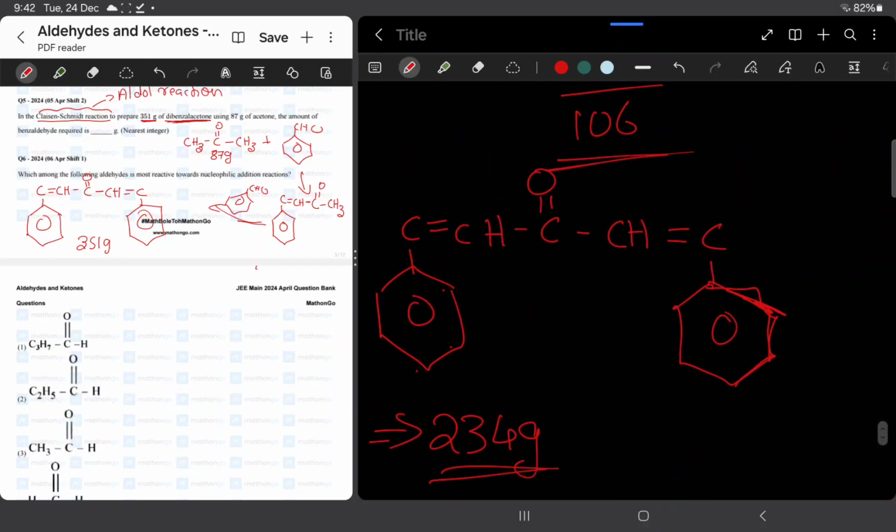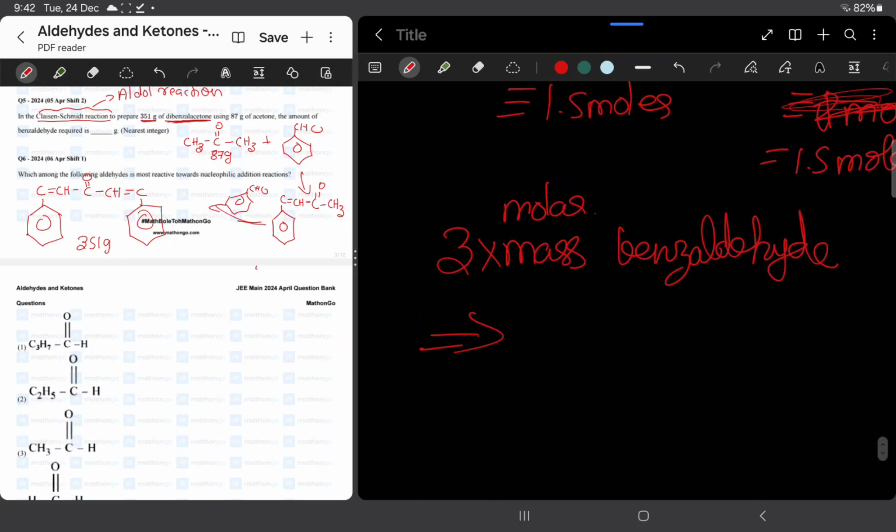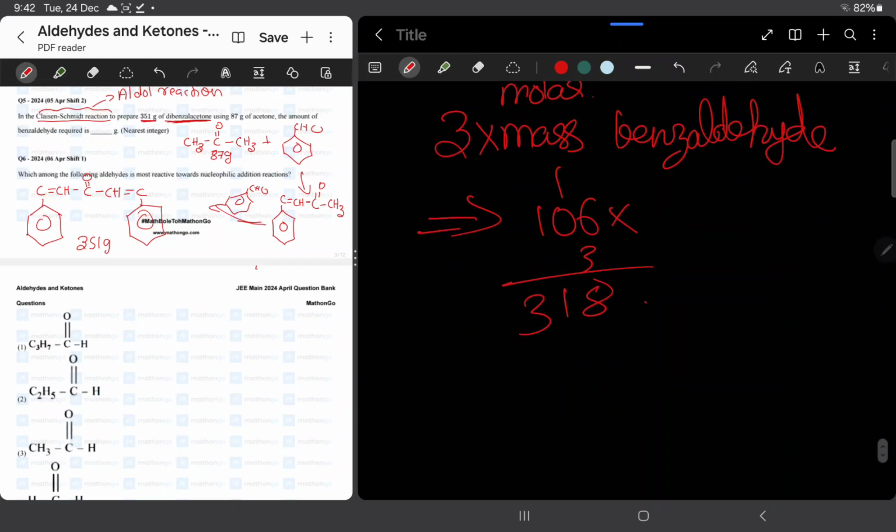The molar mass of benzaldehyde is 106, right? So 106 into 3 is 318 gram. This is the answer. I hope it's clear to you. Next question.